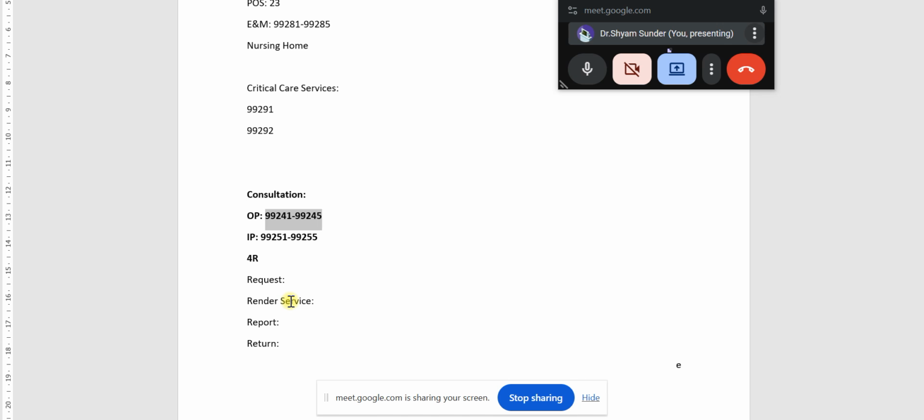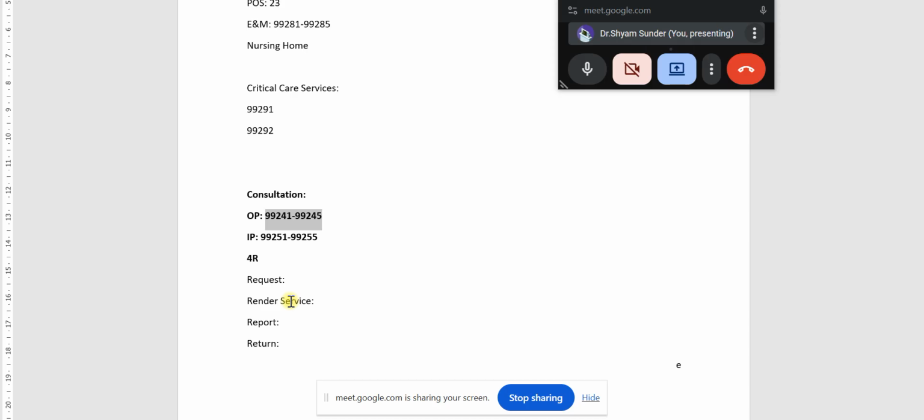There is no second physician involved in this. So even the services provided by the lab will not be considered as a separate physician? No, no, labs are not physician services. Okay. Got it.